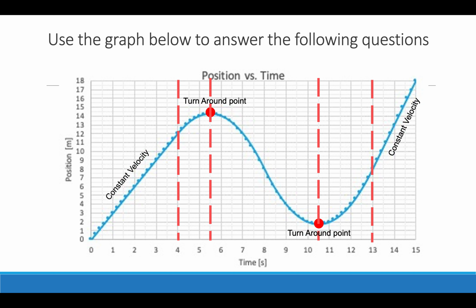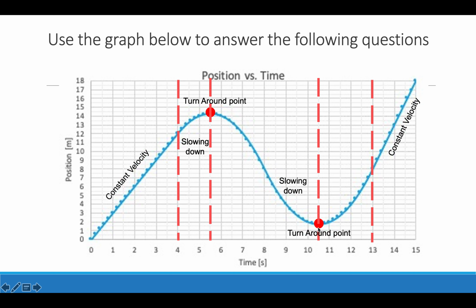So I've identified the turnaround points, and I've identified where the slope is constant and therefore the velocity is constant. Now, the nice thing about the turnaround points is that when an object has an instantaneous velocity of 0, it has to slow down before the turnaround point. So in this region between 4 and 5.5 seconds, the object has to be slowing down.